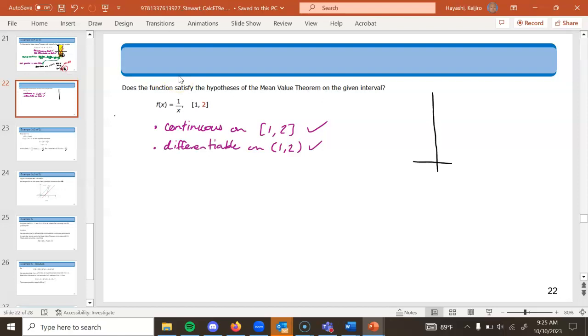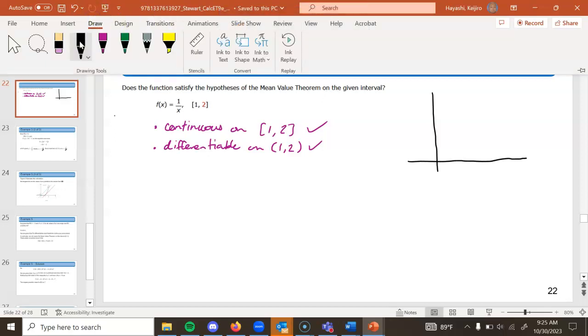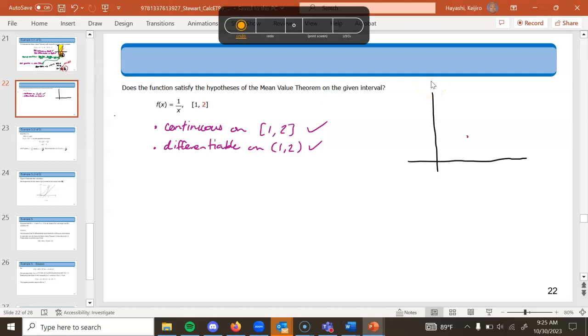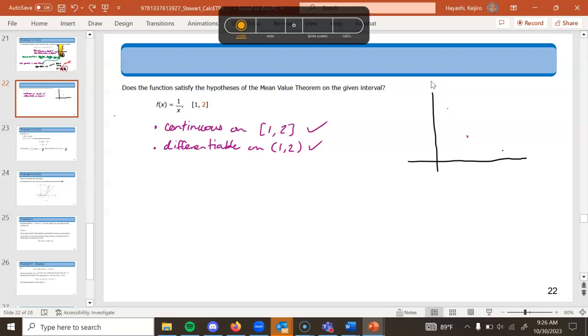And what we're basically doing is we're working with this function right here. Let's see, okay. So the function kind of looks like this.